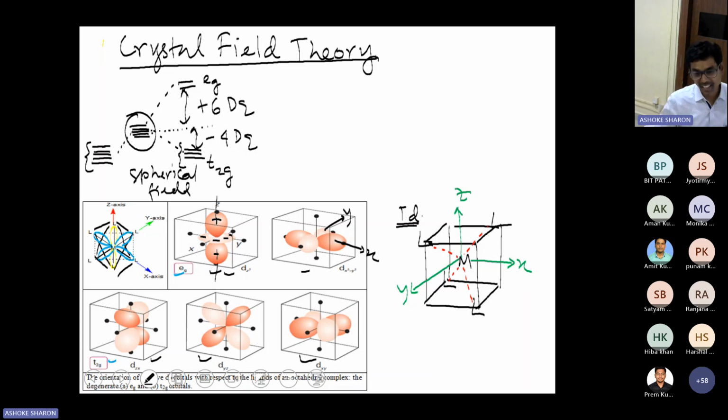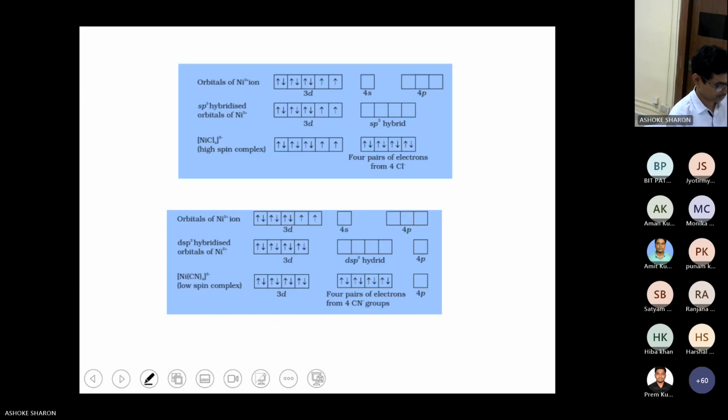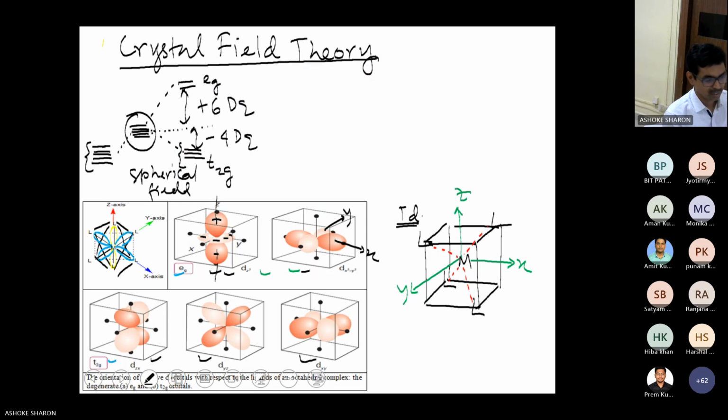That means along the X, Y, and Z axes the eg set of orbitals are present, but the bonds are not formed along these orbitals. Rather, they are formed along the other set of orbitals, that is the t2 set of orbitals. So the energy is just reversed in comparison to the octahedral one.